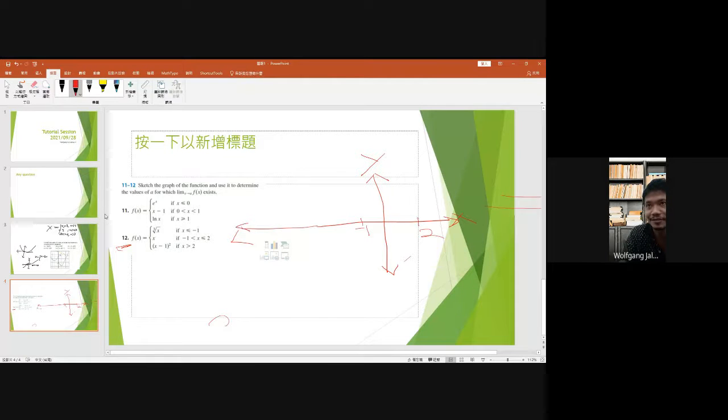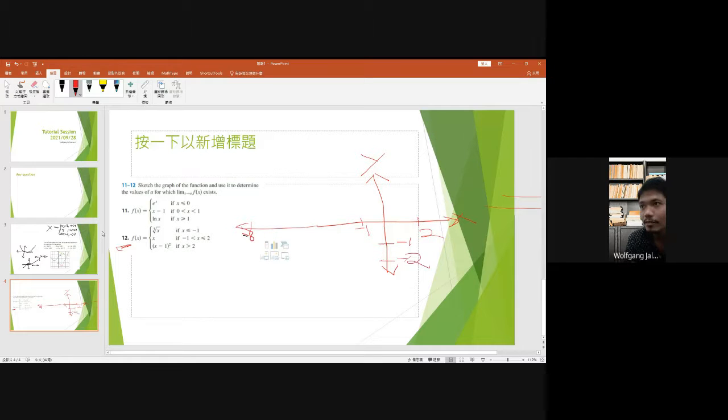So this is minus 8, this is minus 1, this is minus 2.